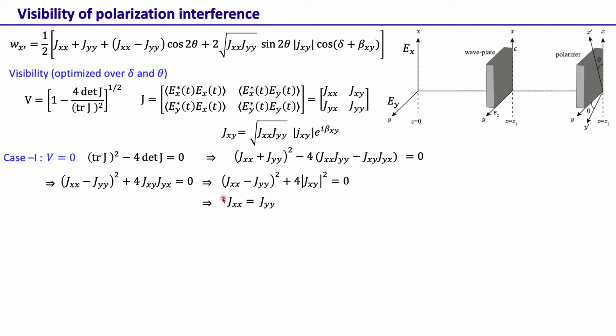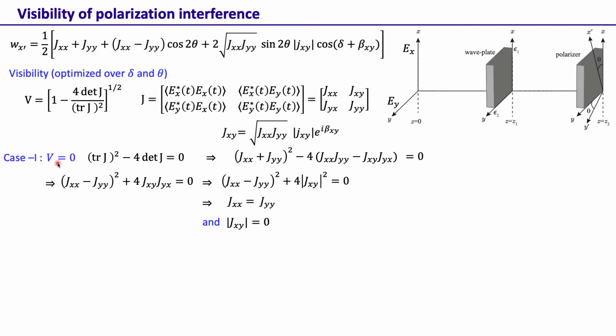So this basically says that visibility 0 means this is the sum of two squares, and the sum of two squares can be 0 if and only if both the terms are 0. So if this term is 0, it means jxx is equal to jyy, and if this term is also equal to 0, this means that jxy, that mod, has to be equal to 0.